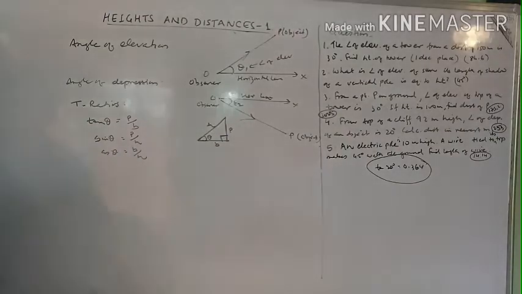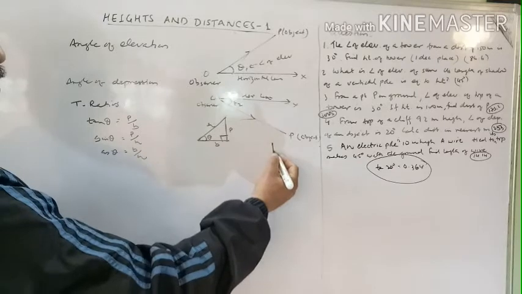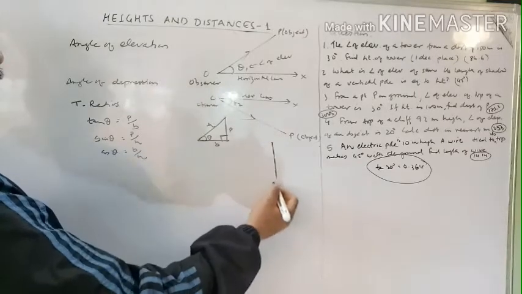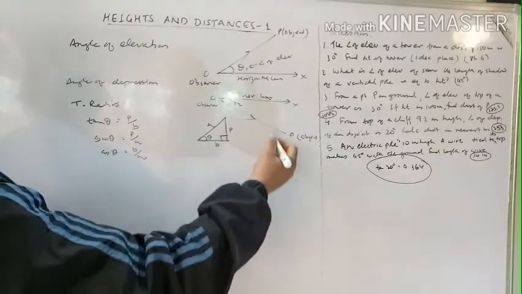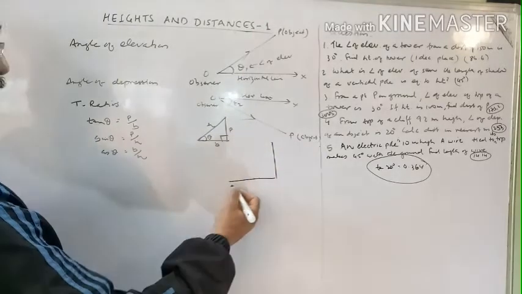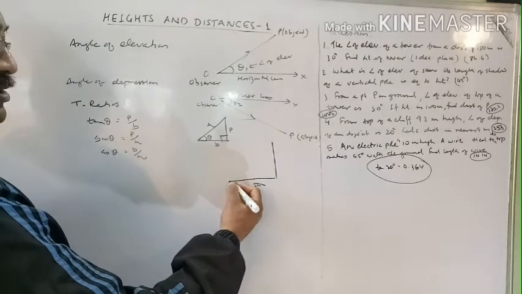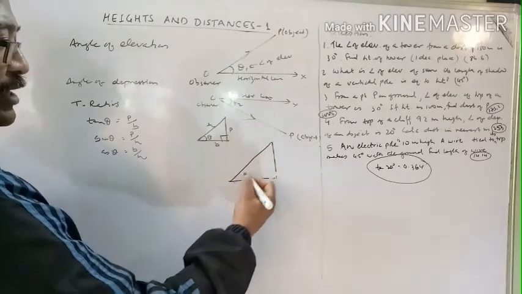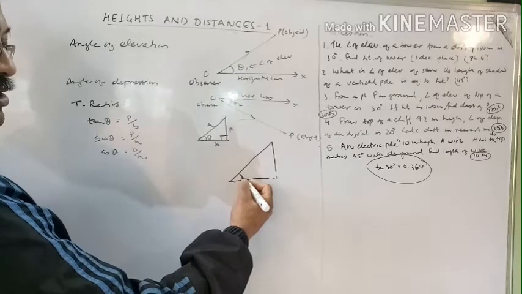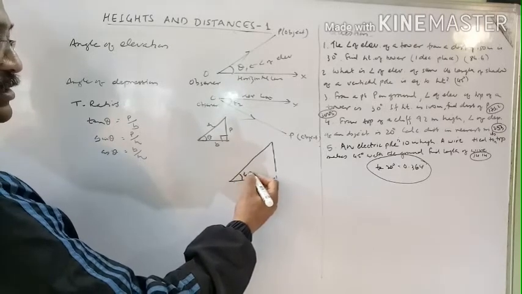For example, suppose you have to measure the height of a building. You cannot climb up the building and measure its height with a tape. What you can do is measure the distance. Suppose this is 50 meters. Then with an instrument you can measure the angle. Suppose this is 60 degrees.